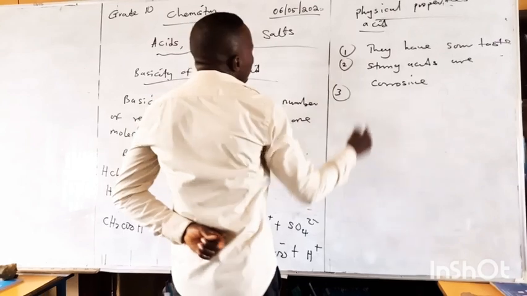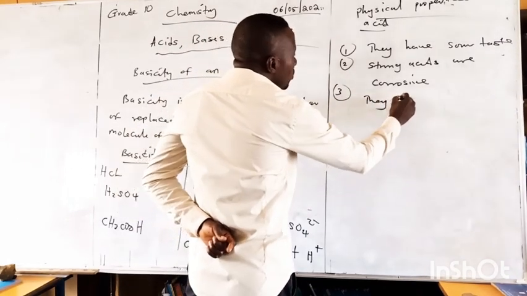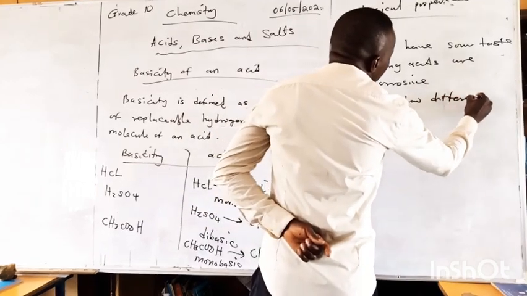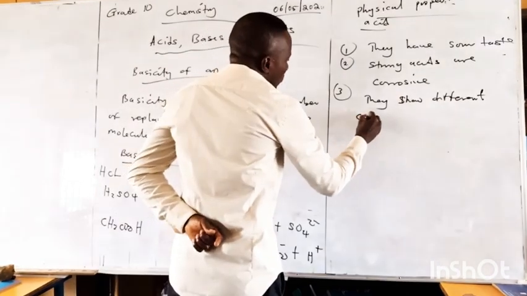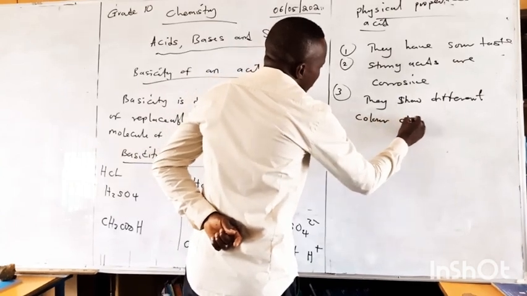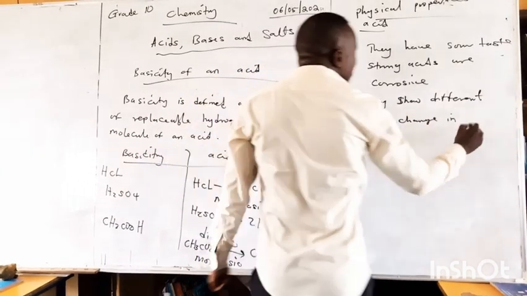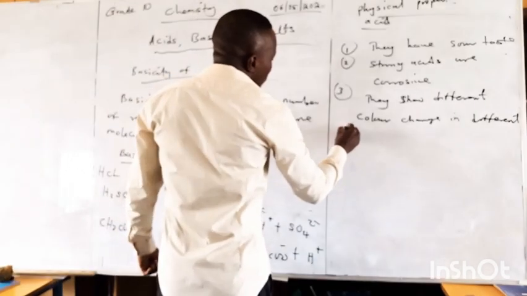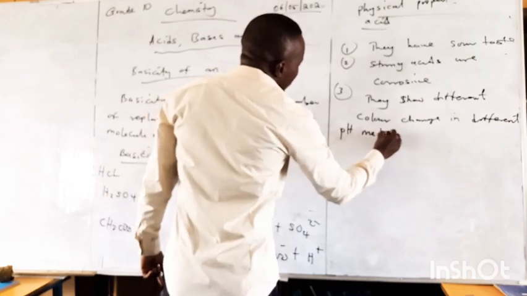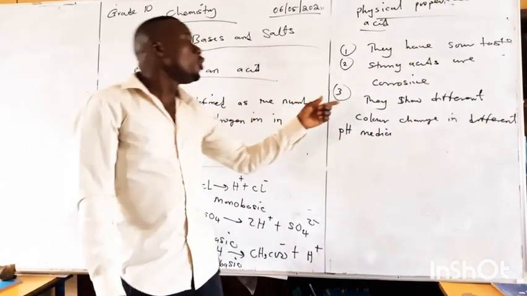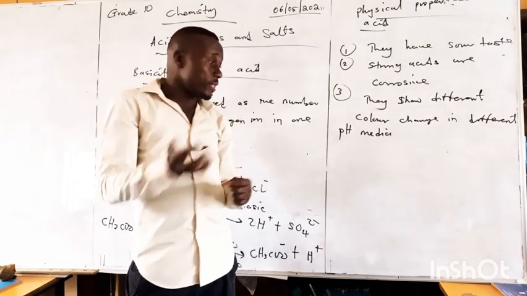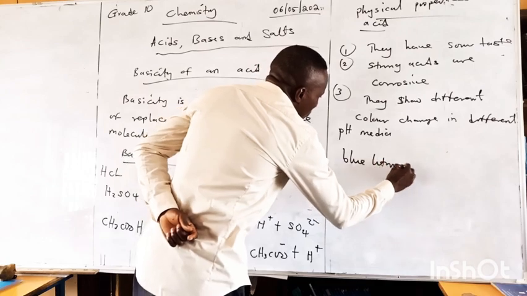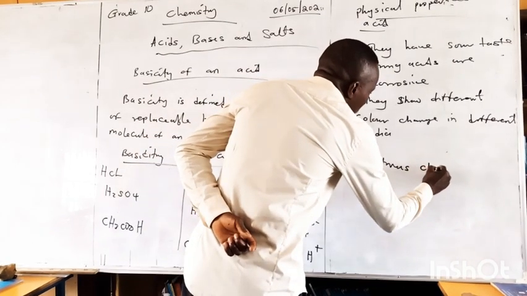Number 3, they show different color changes in different pH media. When you use an indicator, for example, blue litmus paper, when you dip it into an acid, it will change to red. Blue litmus changes to red in an acid.